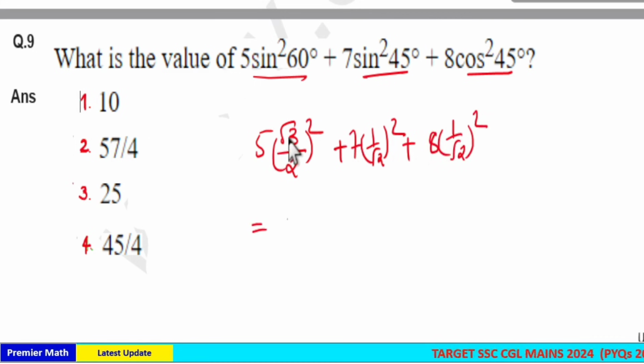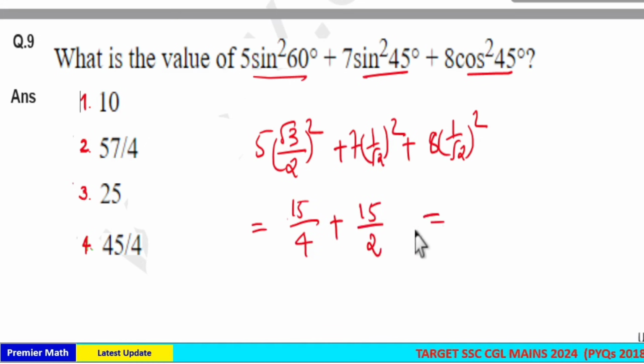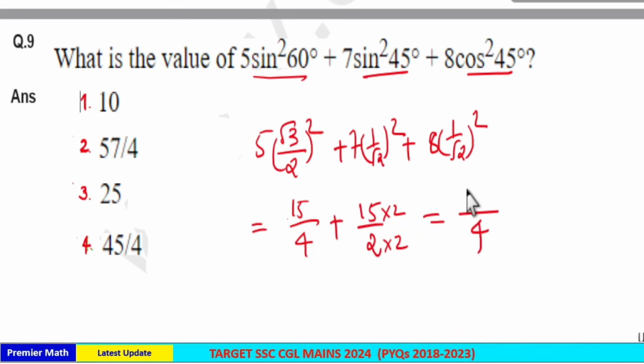So this will become 5 into 3 is 15, 15 by 4, plus here 7 plus 8, 15, 1 by root 2 the whole square common, which is equal to 1 by 2. So 15 by 2. Now multiply numerator and denominator with 2. So the whole denominator will become 4 and here 30 plus 15, 45. Option 4 is your answer.